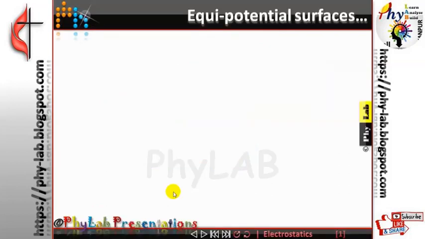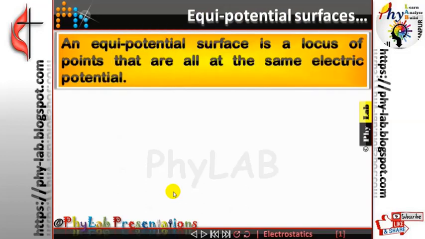Now let us understand what equipotential surfaces are. As the name suggests, an equipotential surface is a surface obtained by joining all such points which are at the same potential. So I can define an equipotential surface as the locus of all the points that are at the same electric potential.